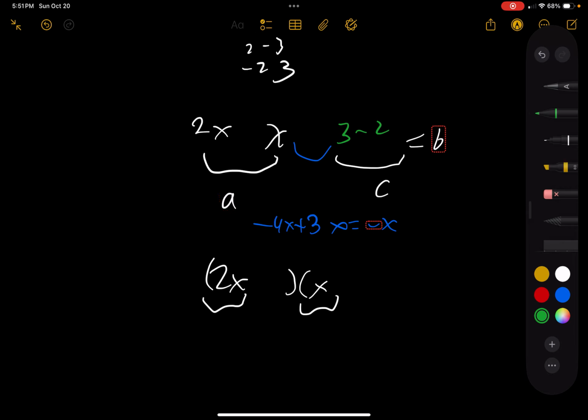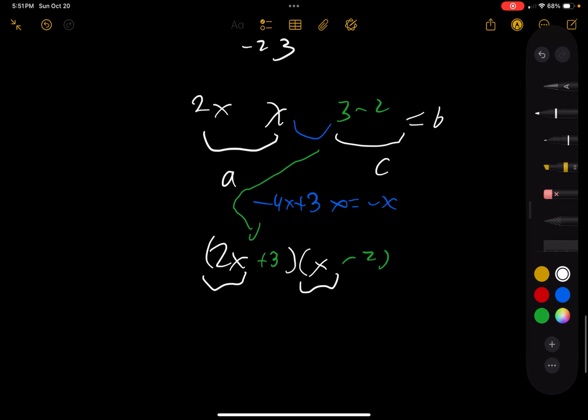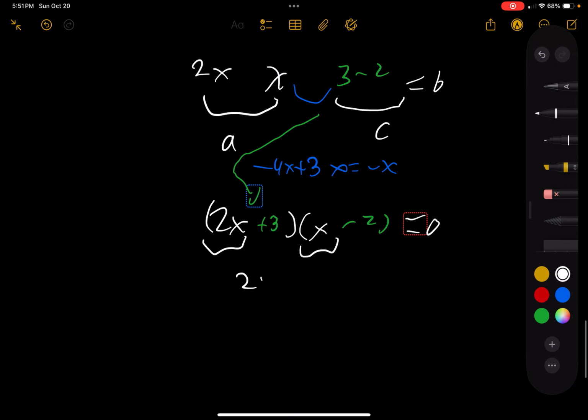So that means we're plugging in 3 for 2x. And same thing, we multiplied x times 3, so that means we're taking negative 2. Now we're just setting this equal to 0. 2x plus 3 equals 0, 2x equals negative 3, x equals negative 3 over 2, and x minus 2 equals 0.